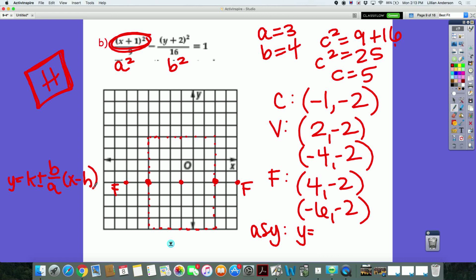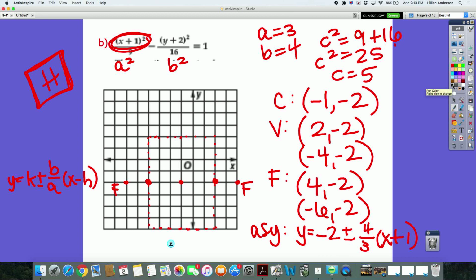So the value of k is negative 2, plus or minus b over a times (x minus h), so that's going to be (x plus 1). Now, if I distribute that 4 over 3 to the x and combine like terms, I would have the slope-intercept form for our lines that are our asymptotes.